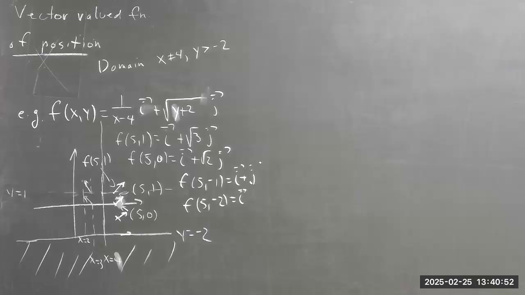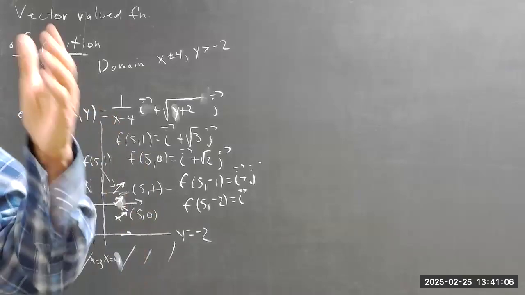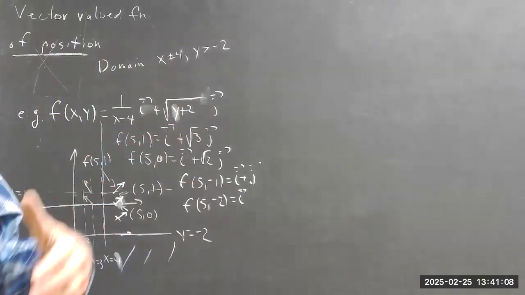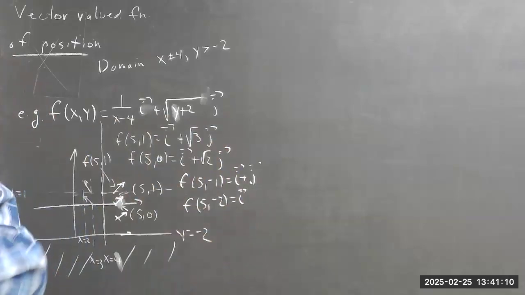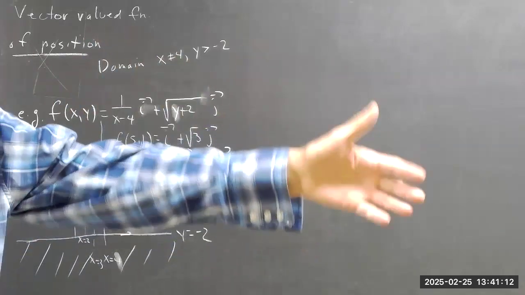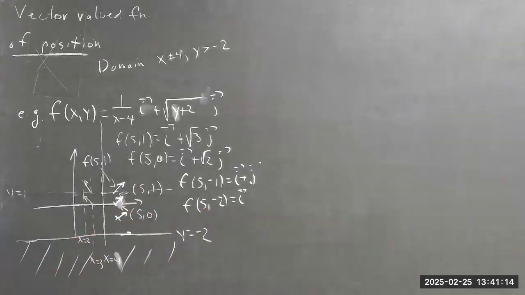Like for example, a tangent function. Your tangent function isn't defined at x equals pi over 2, because it's sine over cosine, and cosine is 0. So you divide the plane up into a bunch of regions with negative pi over 2, pi over 2, and so forth.